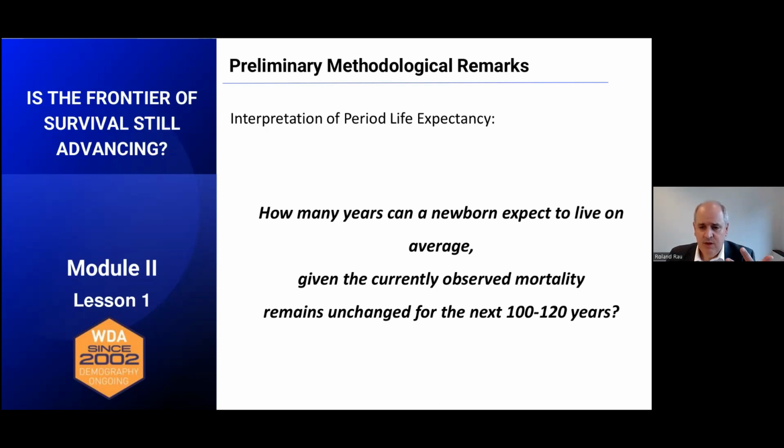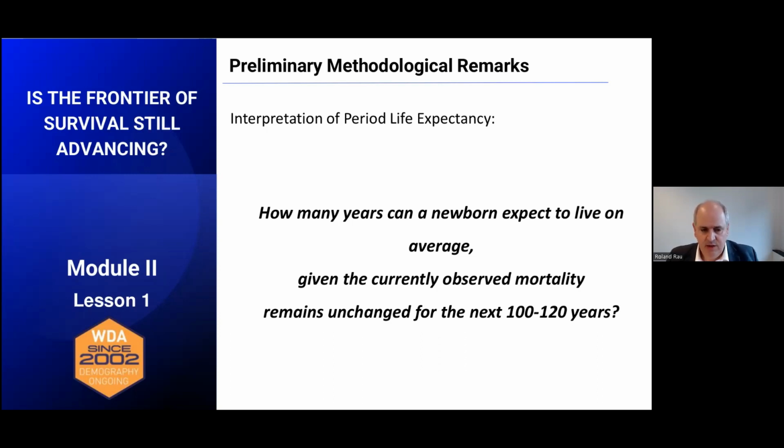Number three, you can follow the trend over time to see whether things are getting better or worse. And number four, it facilitates the comparison across countries. That's why period life expectancy is the most common measure in demography to estimate longevity.